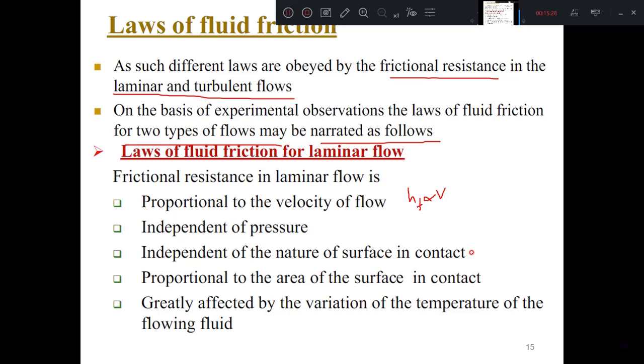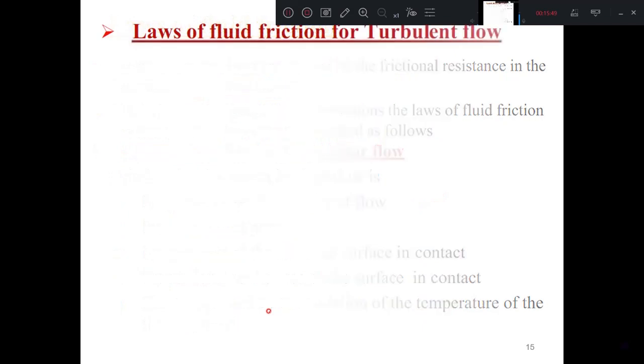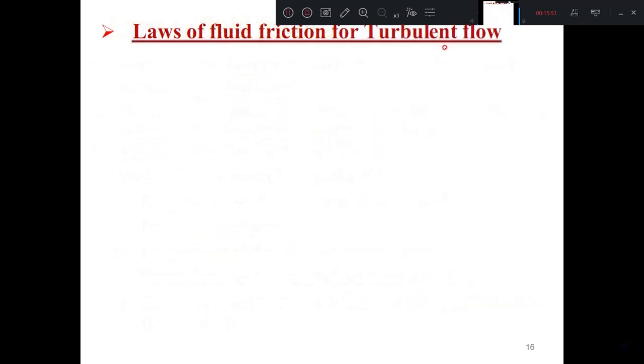So irrespective of the surface, the head loss is proportional to the velocity. It is proportional to the area of the surface in contact, and greatly affected by the variation of temperature of the flowing fluid. Then the laws of fluid friction for a turbulent flow.